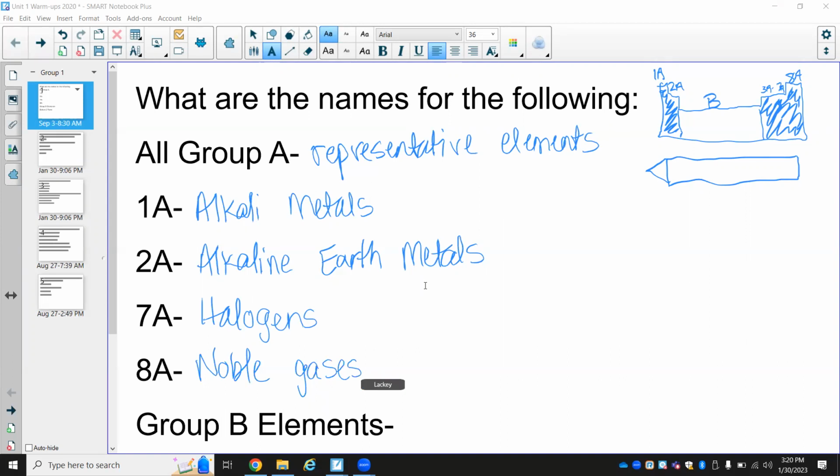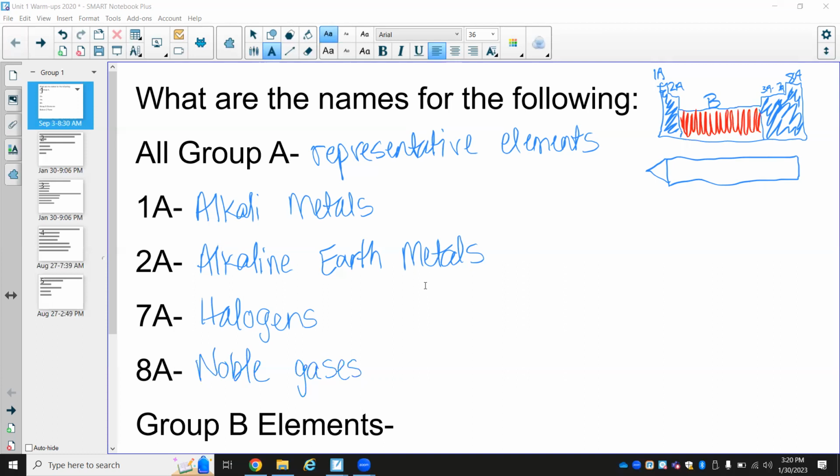So make sure that you are able to find those specific groups on the periodic table. We also have those group B elements. These are the ones that are in the middle of the periodic table. So like I said, that drop down that connects the two sides of the periodic table together.